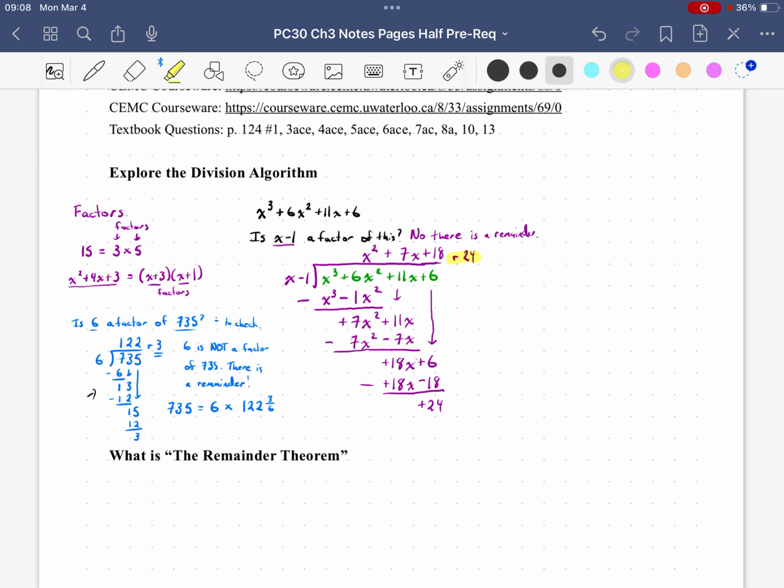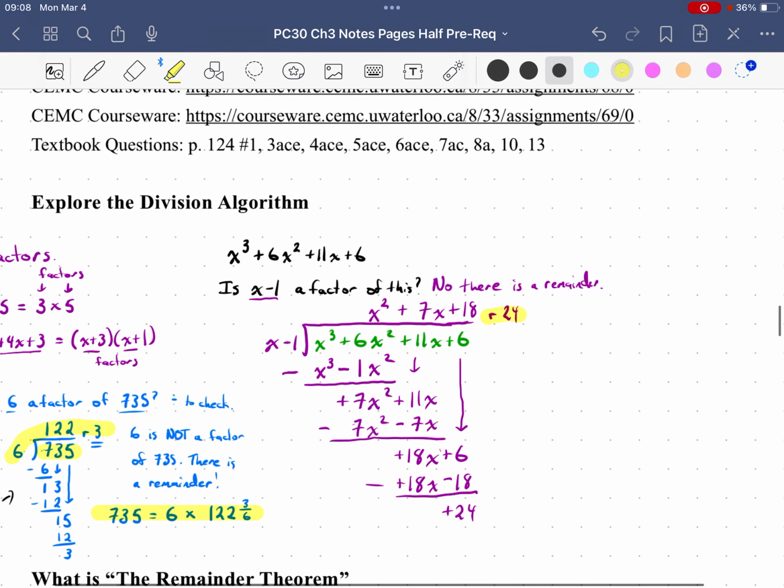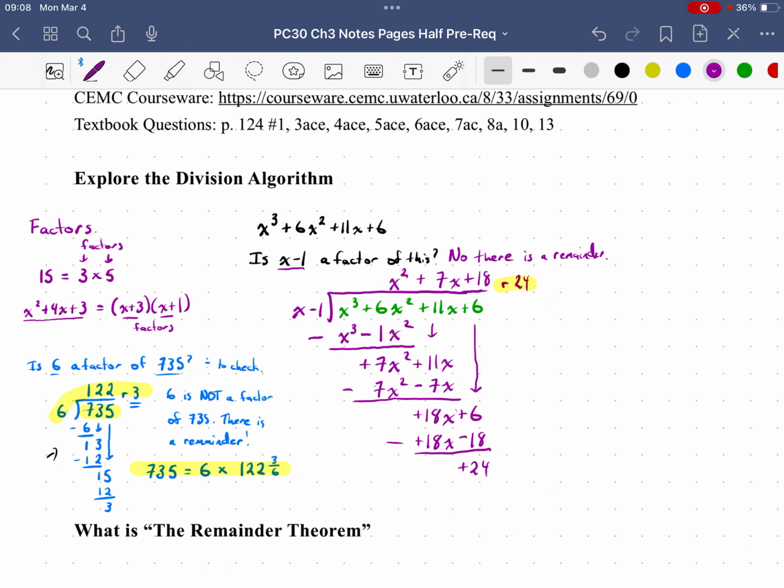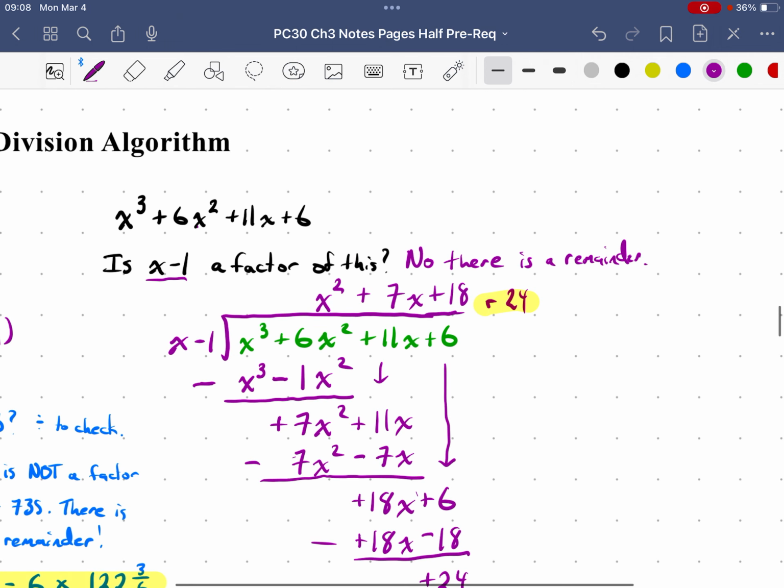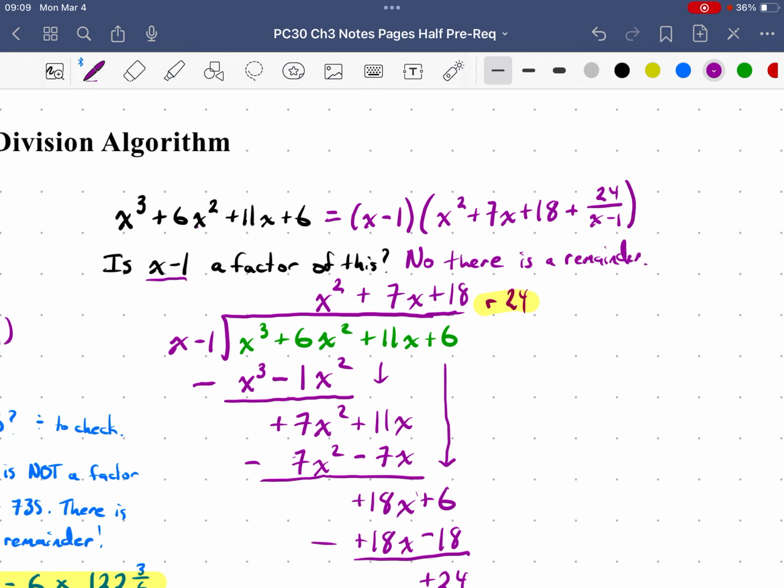Now, if we look at this and how it's related to this, we can say that x cubed plus 6x squared plus 11x plus 6 is equal to x minus 1 times x squared plus 7x plus 18 plus 24 over x minus 1.